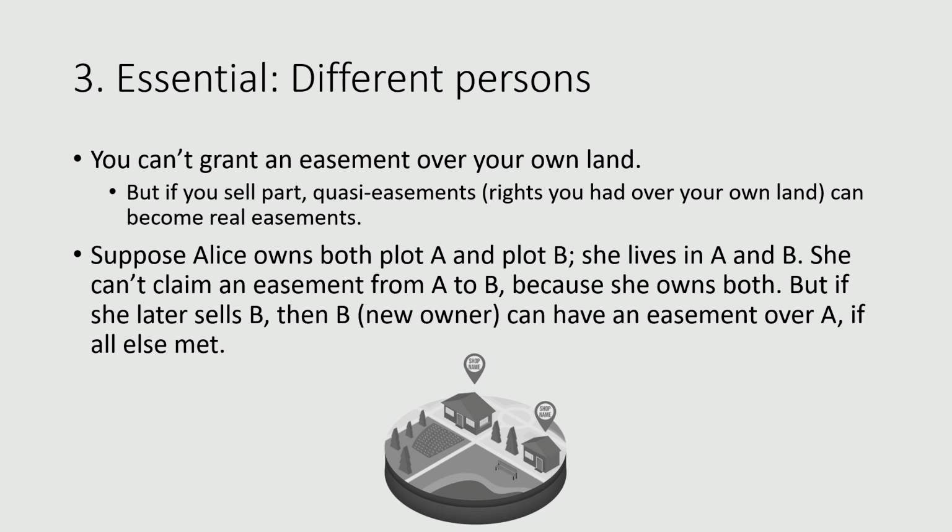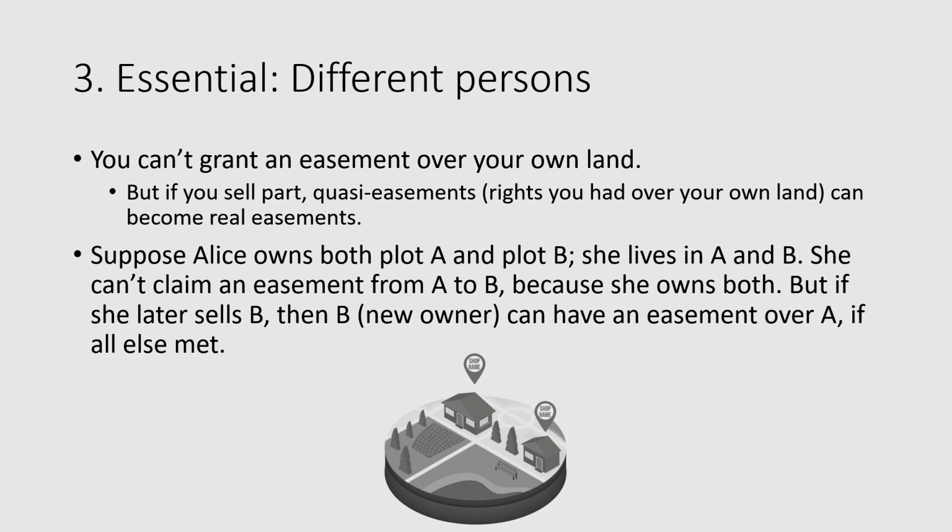So, for example, if Alice has two plots of land, maybe some, I don't know, garden allotment, something like this, and even though those pieces of land are separate, maybe there's a fence or wall or any other kind of dividing line there, she can't really grant or reserve an easement from A to B because she owns both of them.